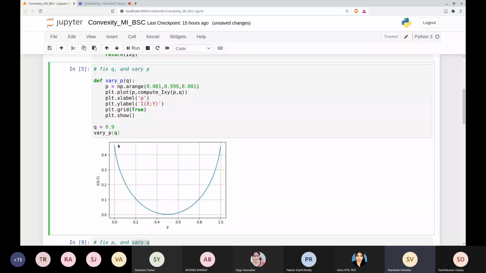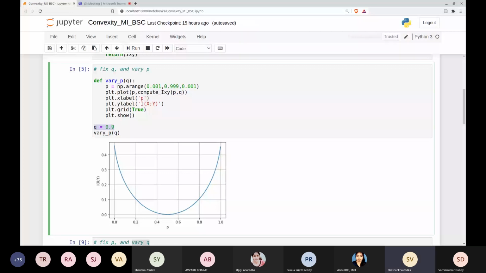So in some sense, for this input distribution, the worst case channel is when P is equal to half. Why is it minimized there? Because when P is equal to half, the output is independent of the input, and therefore the mutual information is equal to 0.